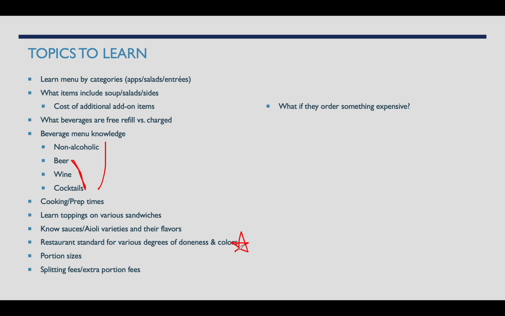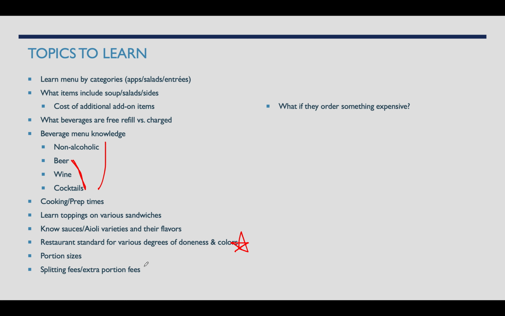Splitting fees, extra portion fees. Sometimes a restaurant will charge a fee for splitting a plate because if you split a plate, if two people are dining, you're counting on something called average check as a business. And so you're counting on each person getting an entree. But if two people come in and they only order one entree, now your average check is cut in half as an establishment. So sometimes the business will charge a split plate fee to try to recoup some of that loss from the second person not getting an entree.